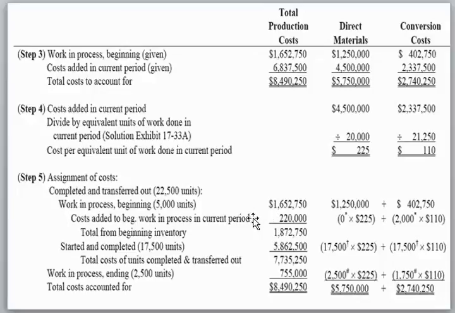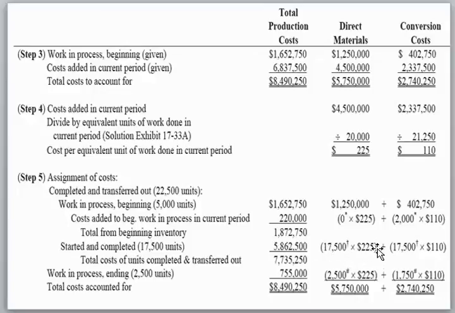And work in process beginning 5,000 will be total production cost 220,000. So the total from beginning inventory is 1,872,750. Then the started and completed, for the 17,500 units.